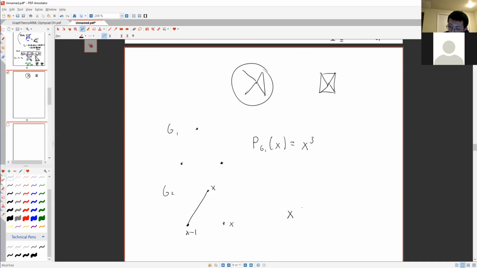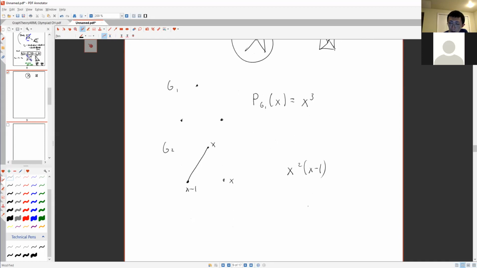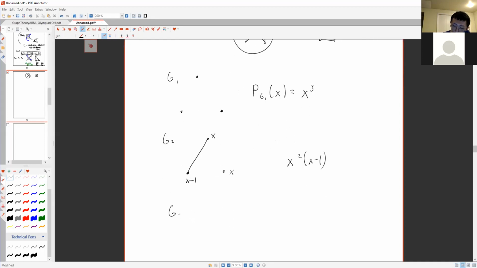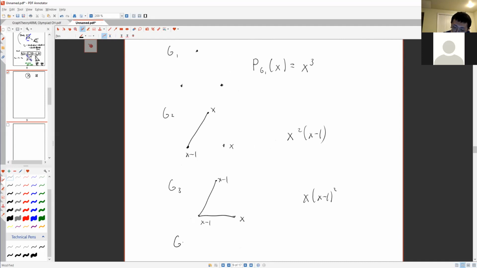So it's x squared times x minus 1. What about G3, where it's this again? Oh, well, we already did this. It was x times x minus 1 times x minus 1. And we already did the complete graph. I'll call it G4. This was x times x minus 1 times x minus 2.